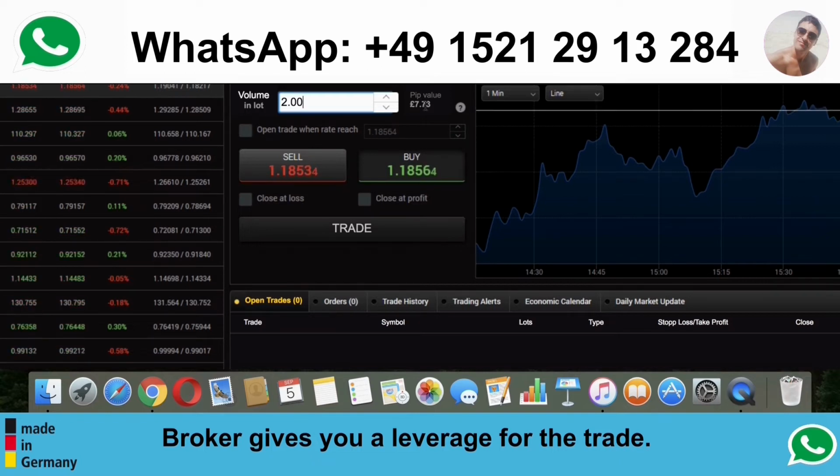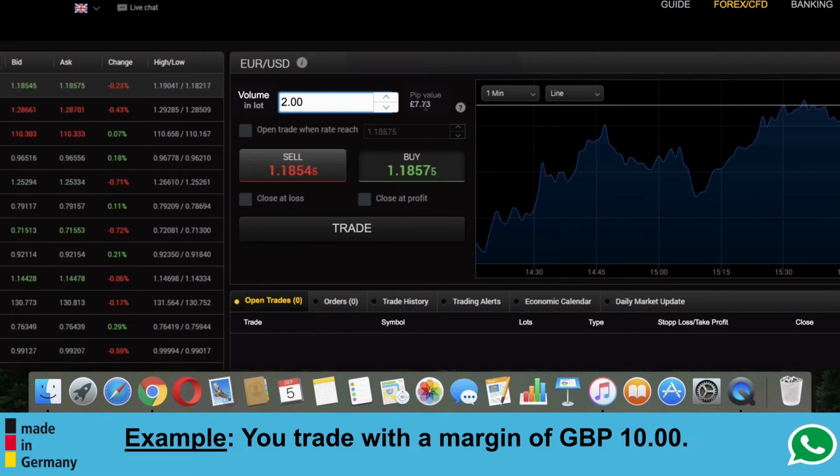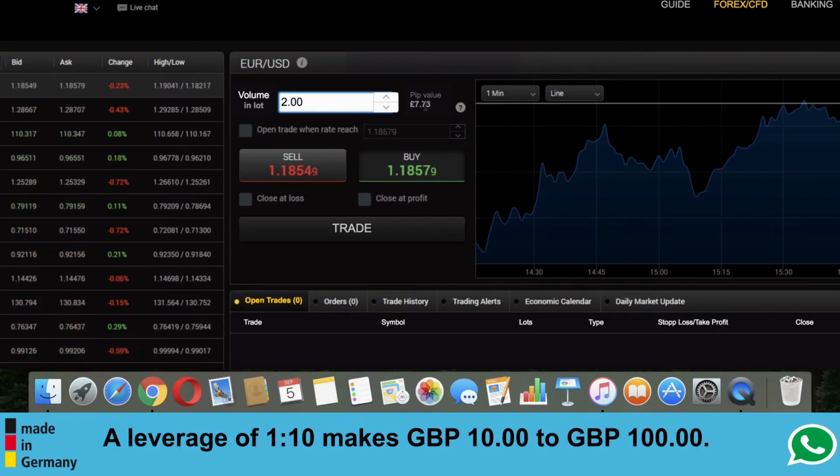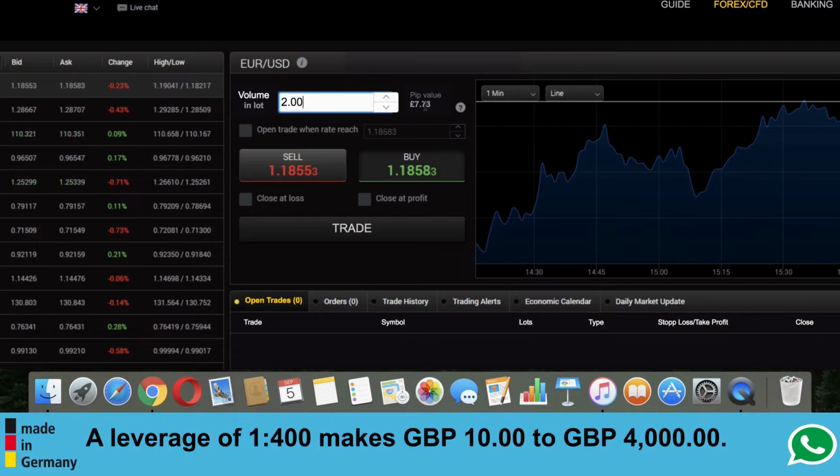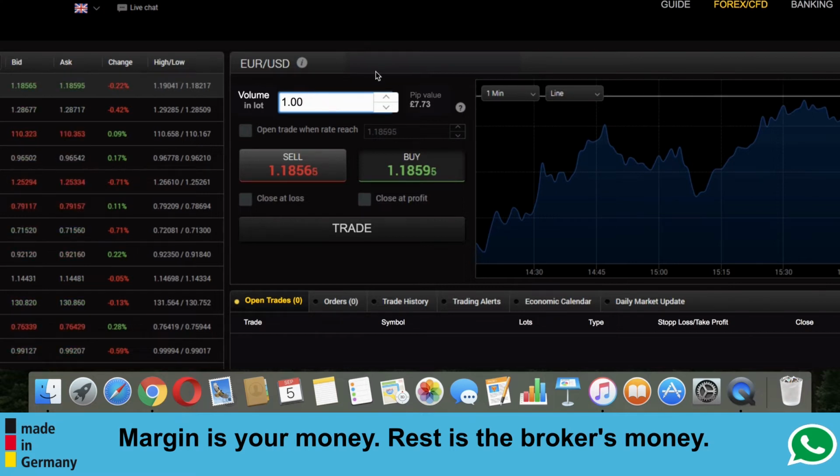If you trade with a margin of 10 pounds and you have a leverage of 10, then you don't trade with 10 pounds, you trade with 100 pounds. Same thing if you have a leverage of 400, you don't trade with 10 pounds, but obviously with 4,000 pounds. So that's the leverage, that's the good thing. Not all the money that I am trading with is actually my money. I can use money from the broker, if you will.